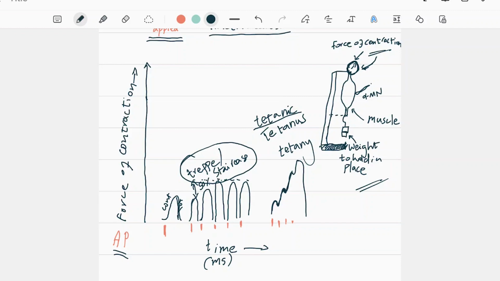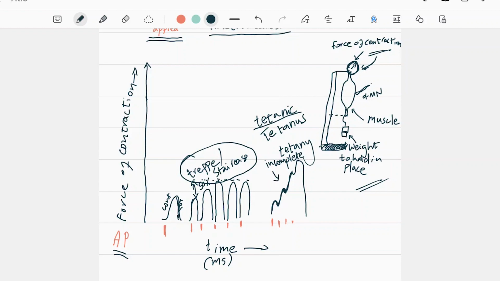This is called tetany, and here it is called incomplete tetany.